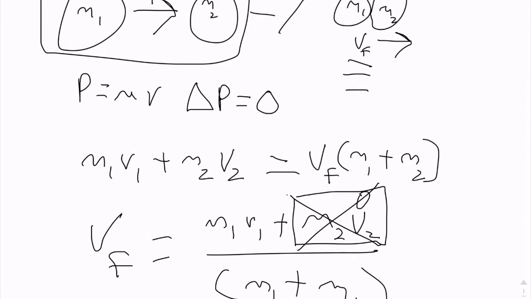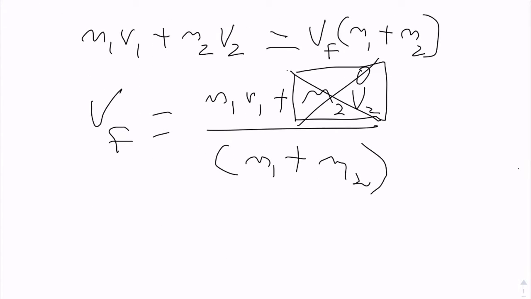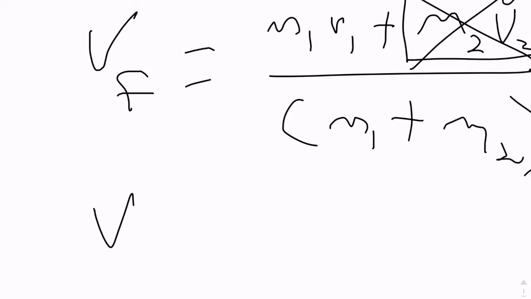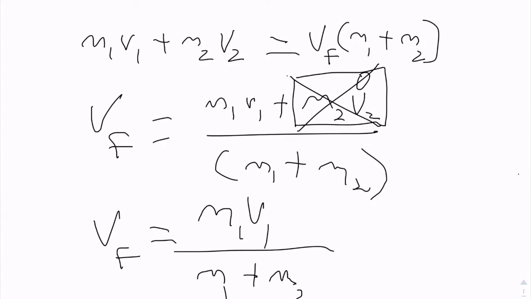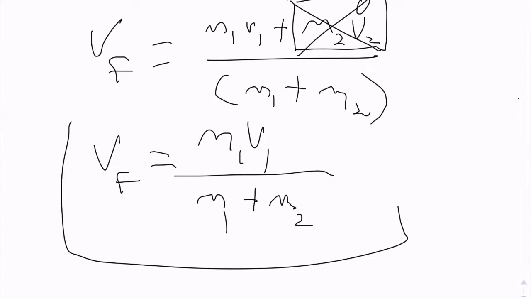So that actually simplifies our equation more to say that the final velocity is the product of the velocity and the mass of puck 1 divided by mass 1 plus mass 2.